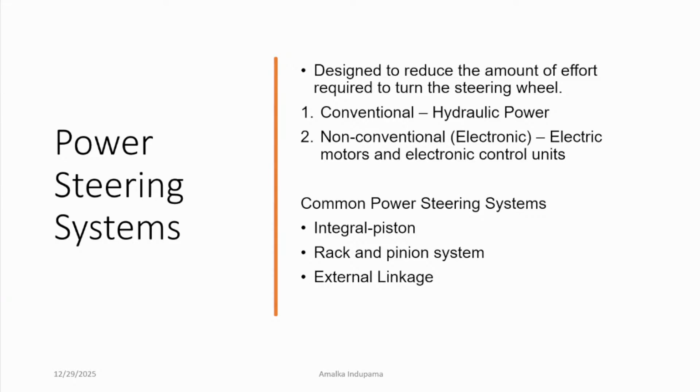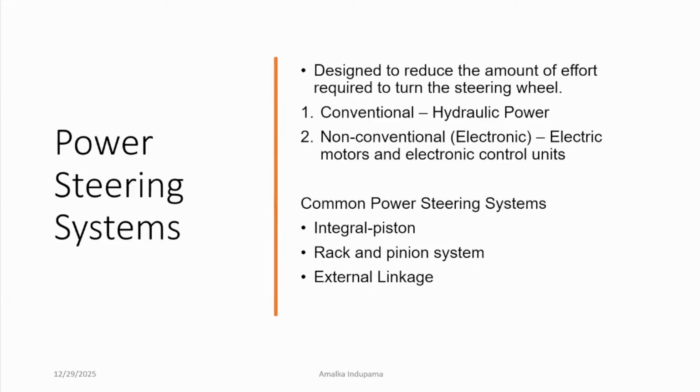So we have basically, I have listed only two, but we have three basic power steering systems at the moment. The first one is the hydraulic power steering system, the oldest power steering system. Then we have EPS, the electric power steering system.